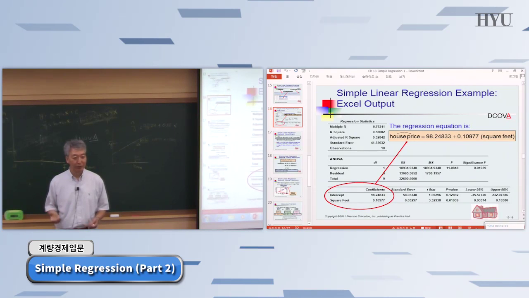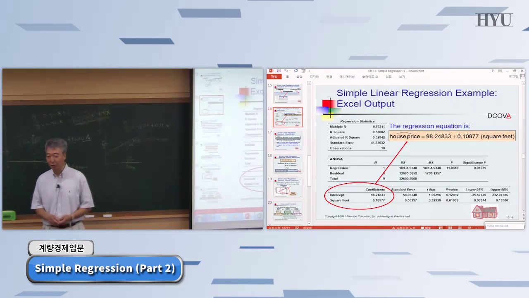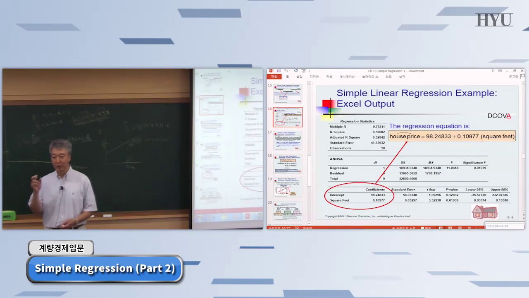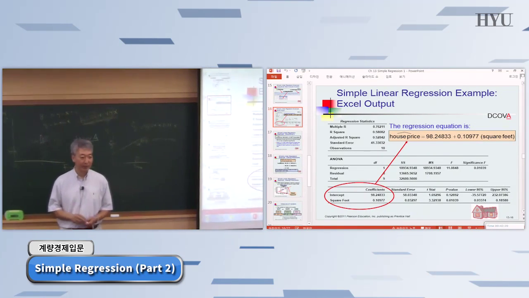If you're trying to buy a house, you may use a real estate agent. This is what I learned from my real estate agent when I was trying to buy my first house in Cleveland, Ohio. She told me there are 3 things you have to consider when you buy a house. Does anybody know those 3 things?